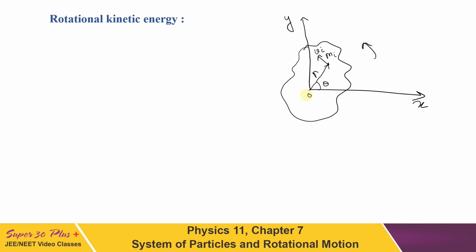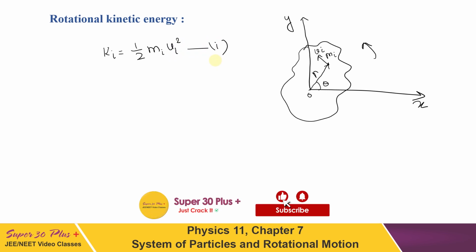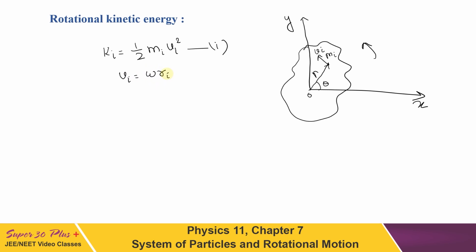Now if we have to write kinetic energy of this particular particle, which is a constituent particle of the rigid body, then we can write Ki equal to half mi vi square. Let this be equation number 1. Now since every particle in this rigid body should be having the same angular speed, we can write Vi as omega Ri, and then total kinetic energy of all the particles should be summation of Ki.